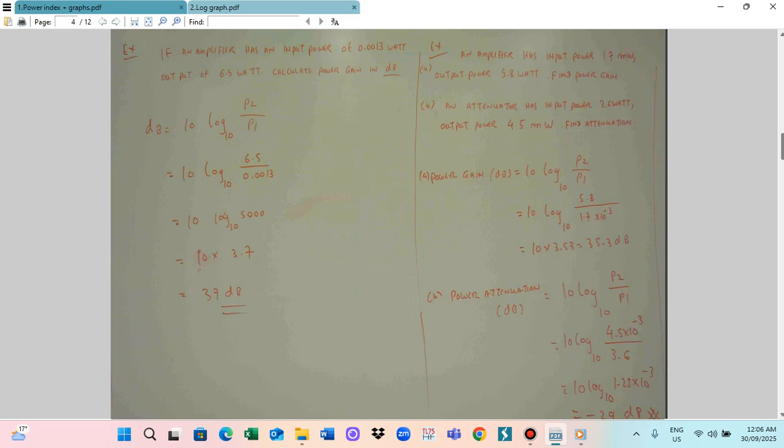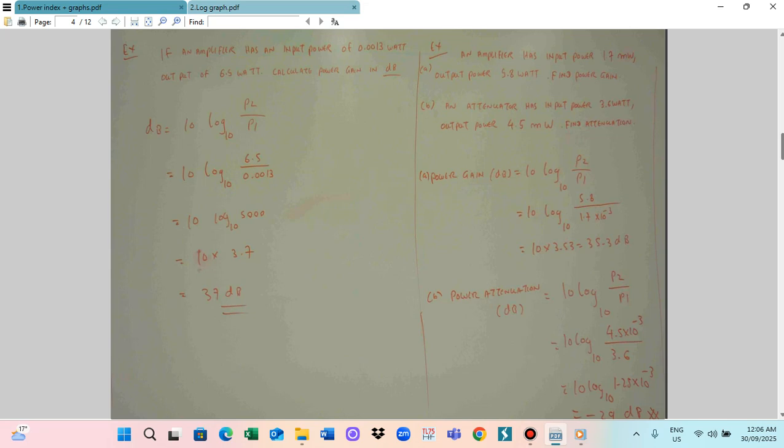Then we substitute here: 10 log 10, where P2, the output power, is 6.5 and the input power is 0.0013. So we substitute and calculate. 6.5 divided by 0.0013 gives 5,000.